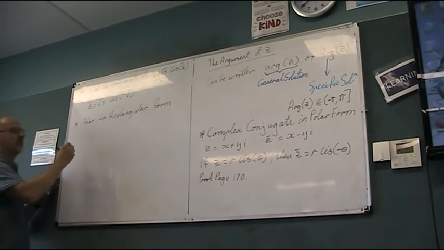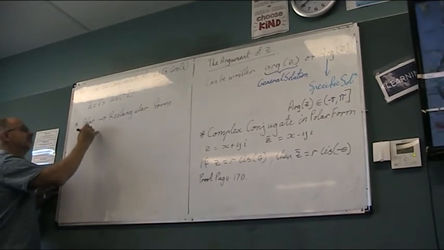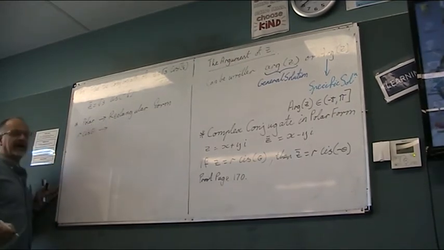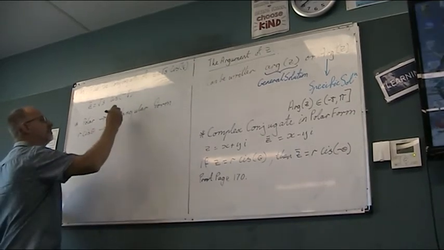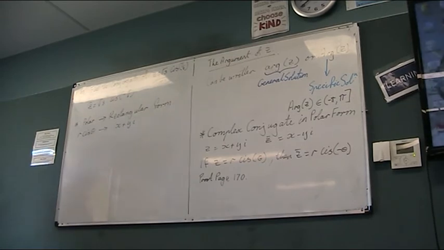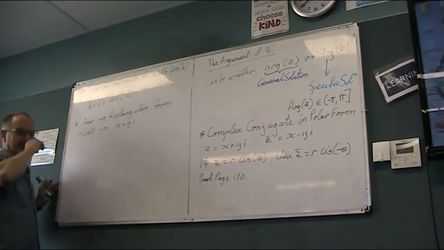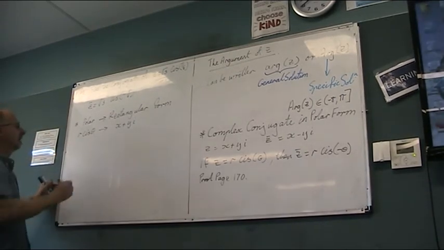So the polar form, of course, is the r cis theta, and the rectangular form is the x plus yi. All right, and so we just use those relationships from before to figure it out. So let's have a look at the example.